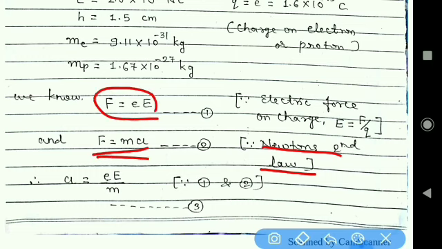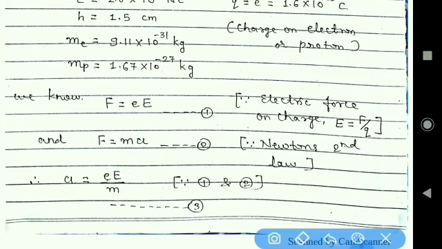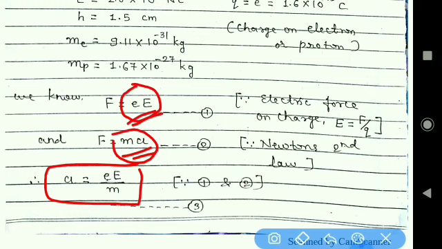So these two forces, F is equal to eE and F is equal to ma, will be the same. If we compare equation number 1 and equation number 2, and make the subject a, we get: ma is equal to eE, so a is equal to small e into capital E upon m.